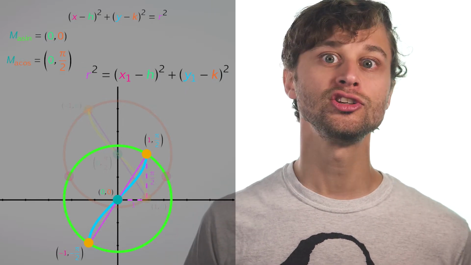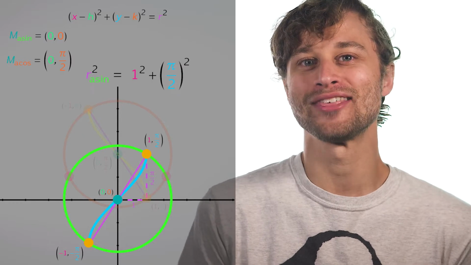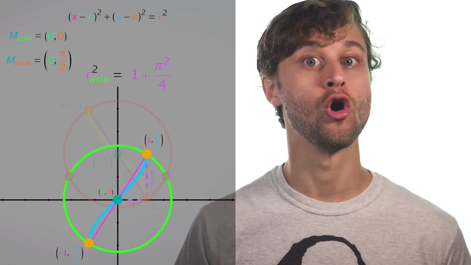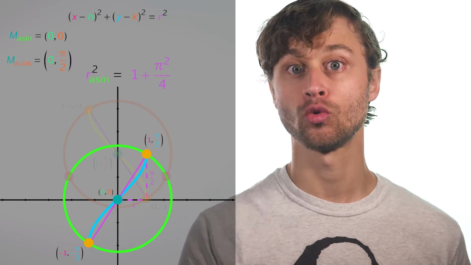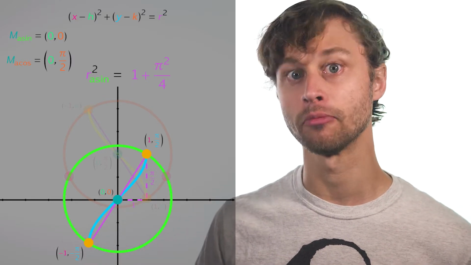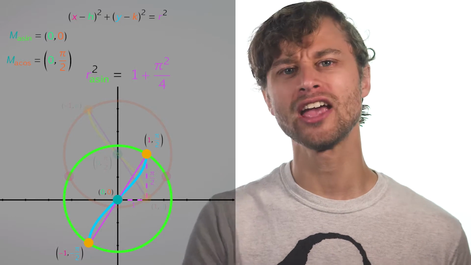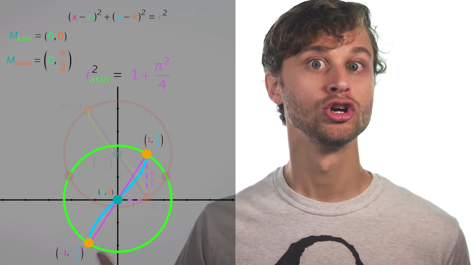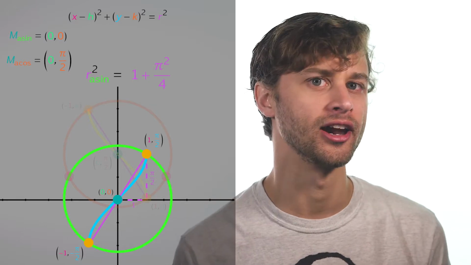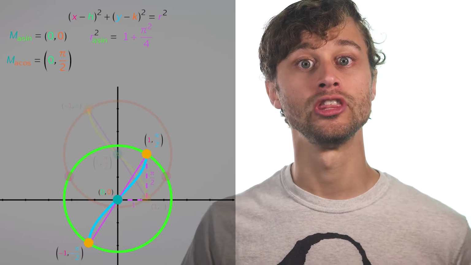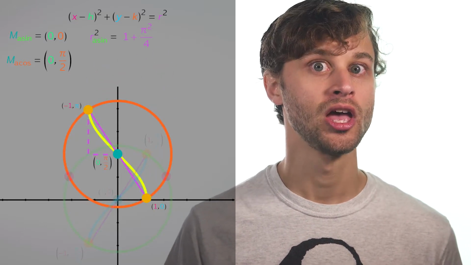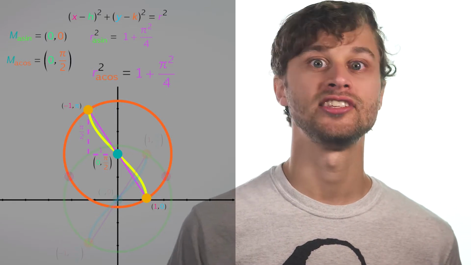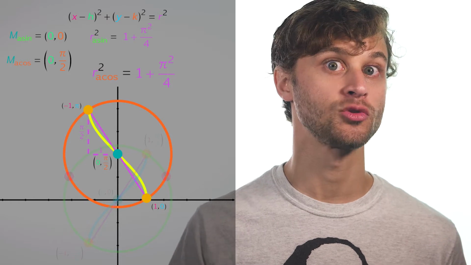After a little bit of math, we find it is equal to 1 plus pi squared over 4. That's actually r squared, not the radius itself. But that's okay, we only need to know r squared to input it into our circle equation. We don't need to find r explicitly. If we do the same thing for the arccosine function, we find that the radius squared is exactly the same, 1 plus pi squared over 4.